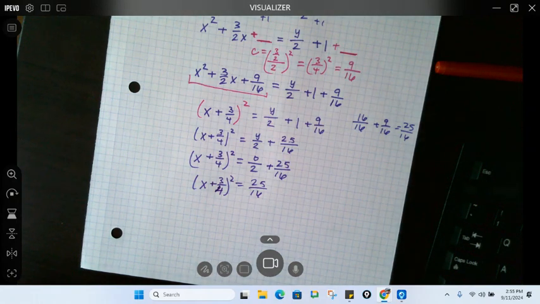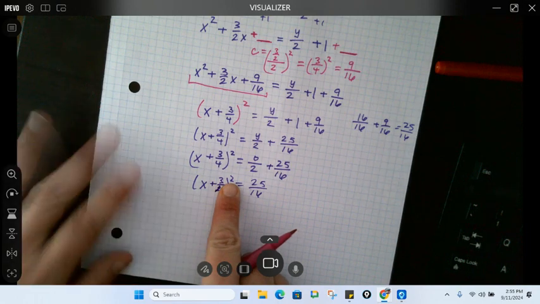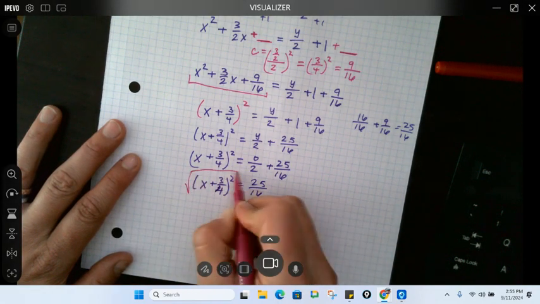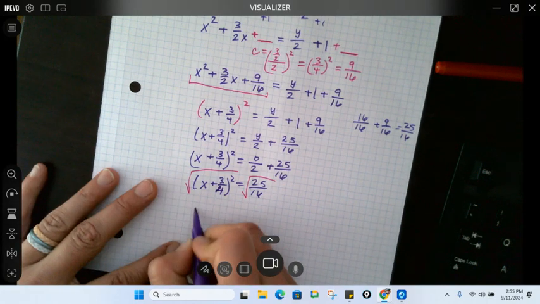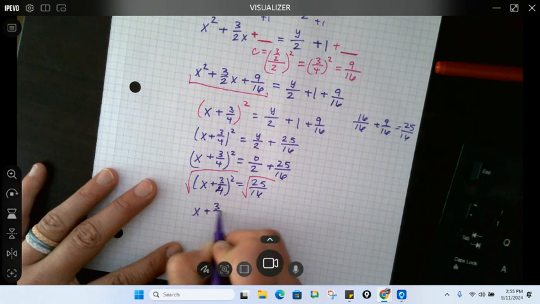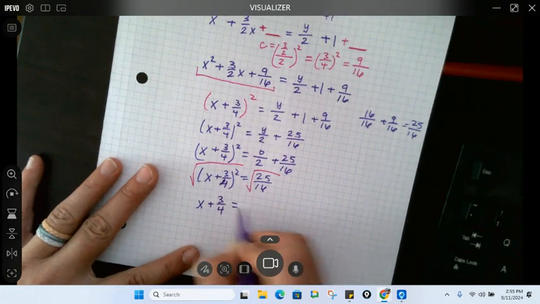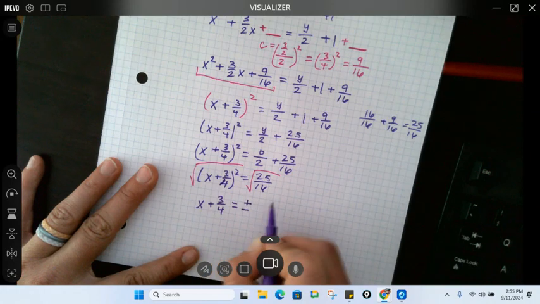She said that we're going to undo the square. So there's my square, my exponent of 2. What I do to get rid of that is square root. So now I have x plus 3/4 is equal to, please don't forget your plus and minus. Whenever we square root, we have to have a plus and minus.